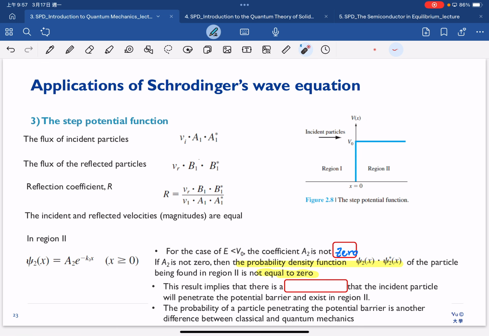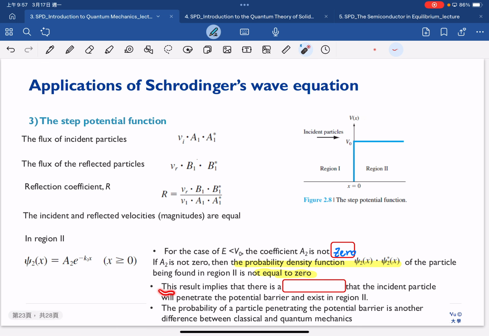So the results imply that there's a finite probability that the incident particle will penetrate the potential barrier and exist in region 2.